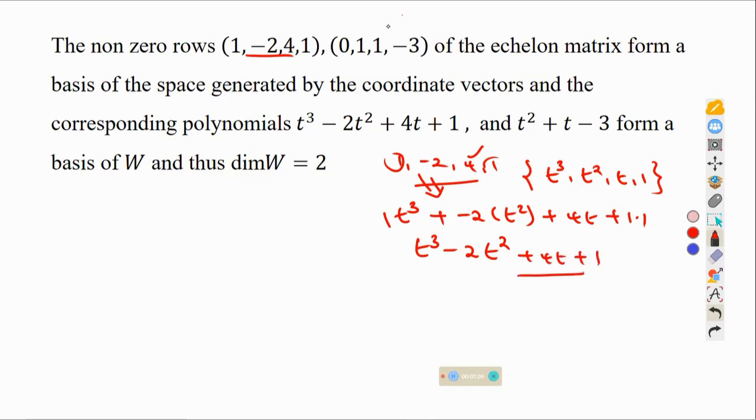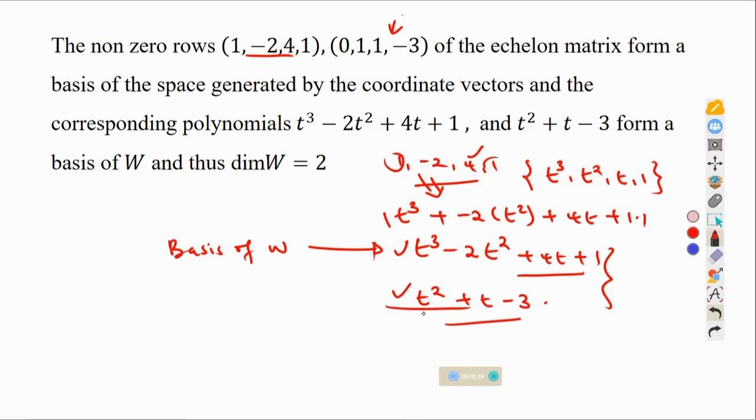And similarly, for this, the corresponding polynomial will be t squared. Of course, this is 0, so it means the coefficient for t cubed is 0. Then plus t, then -3. So these two here will form the basis for W. So the basis of W will be containing these polynomials.